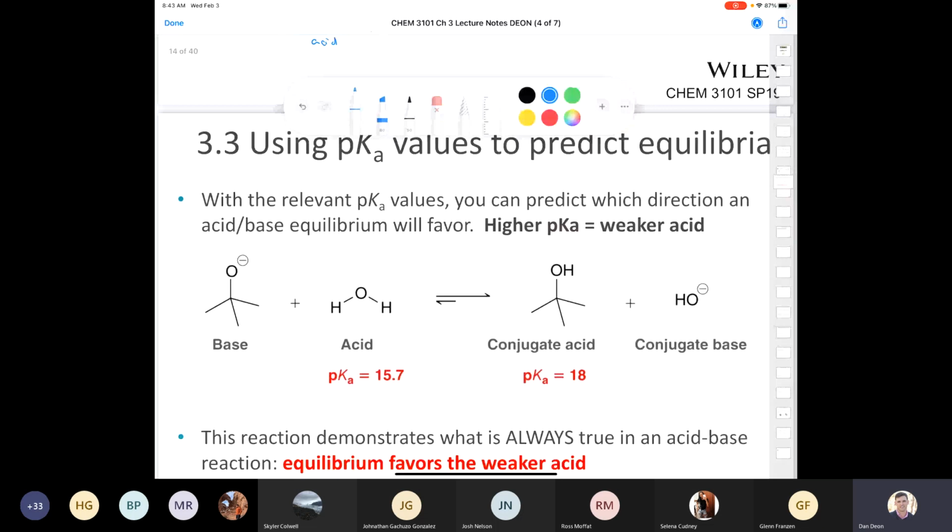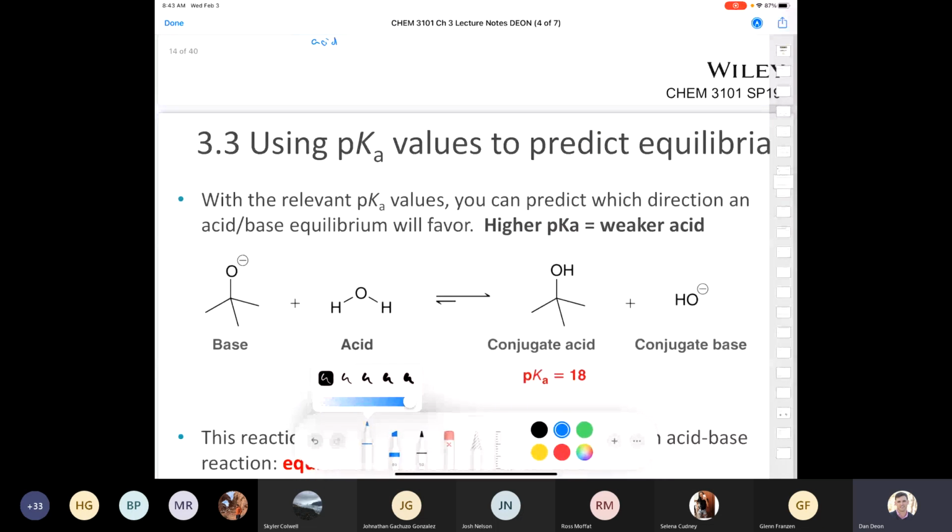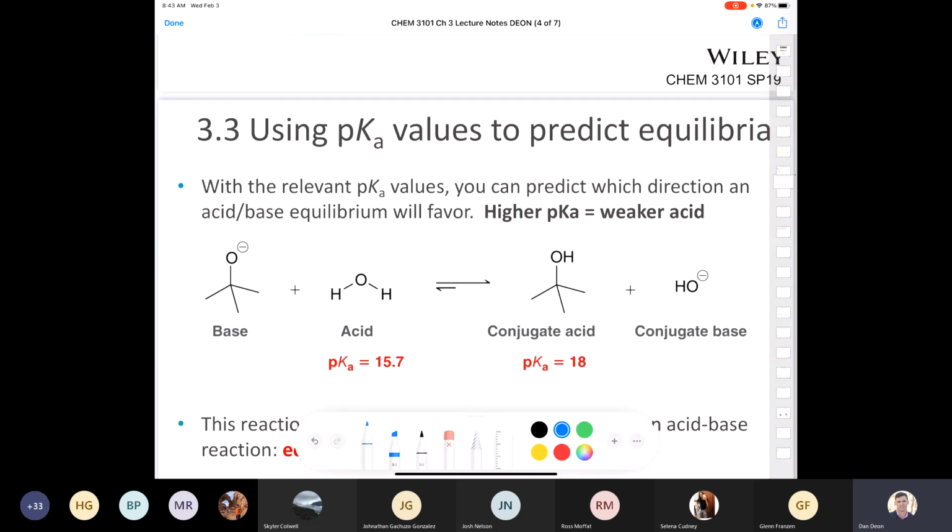Oh, jeepers. The first time I ever taught organic chemistry at UCCS, that was the first class that got me to teach. And I said to my students, if you have a strong acid and if you have a weak acid, okay, keep in mind these are organic chemistry 2 students, you guys.